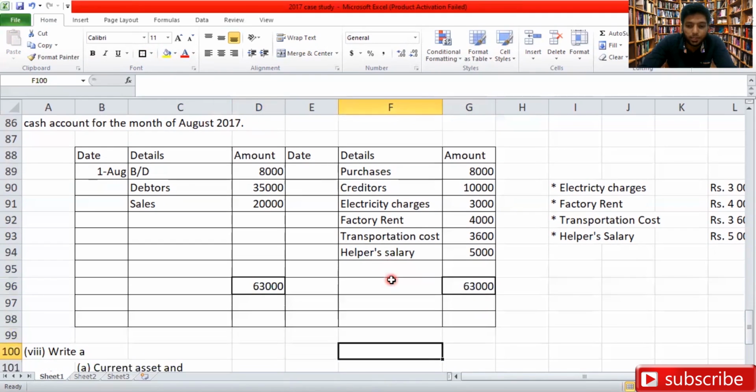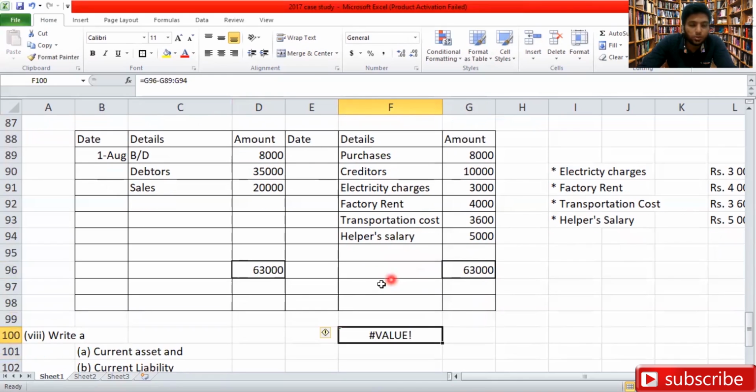How do I take it? I'll take the 63,000 and deduct the whole amount. What is the whole amount? This whole amount, right? So here I put some. Yeah, so I can take the value. I think I took the wrong values.